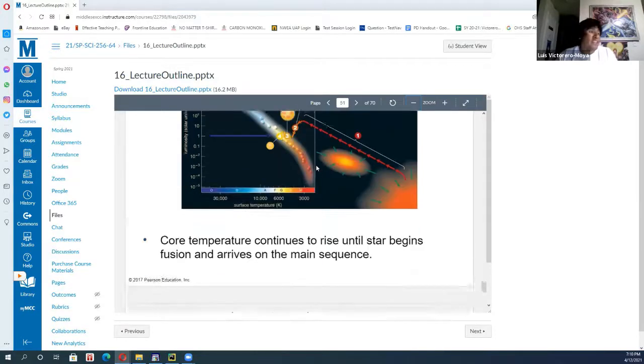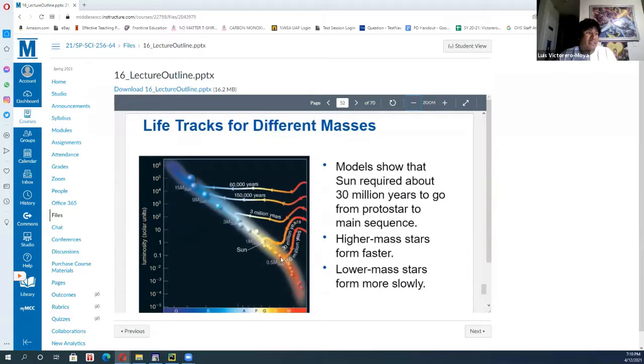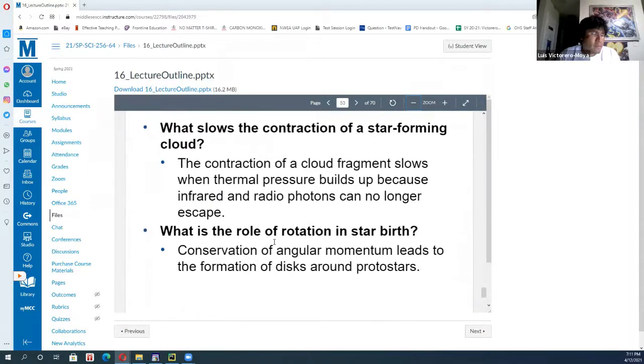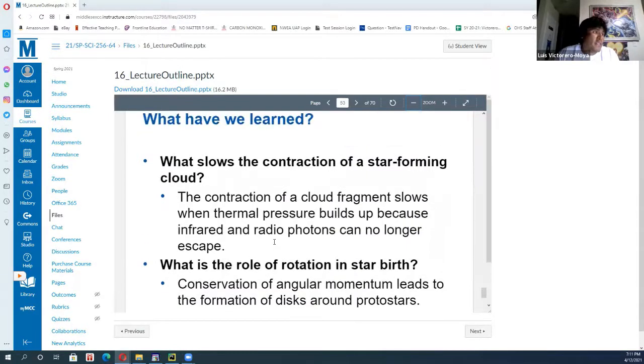Even though for the sun it takes 30 million years, if you compare that to the age of the sun, that's nothing. The age of the sun is 10 billion years. All right. So that was the main idea of this section.